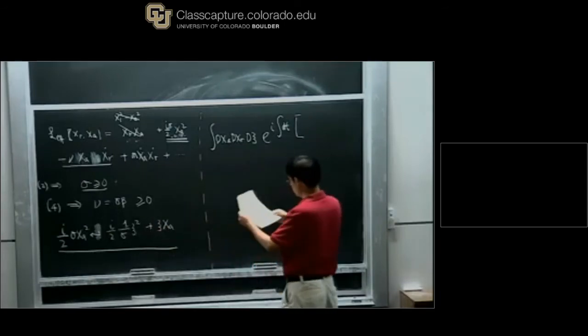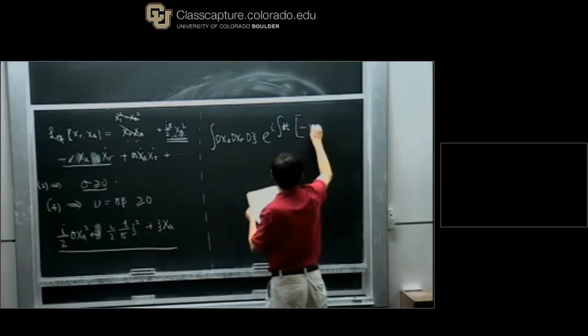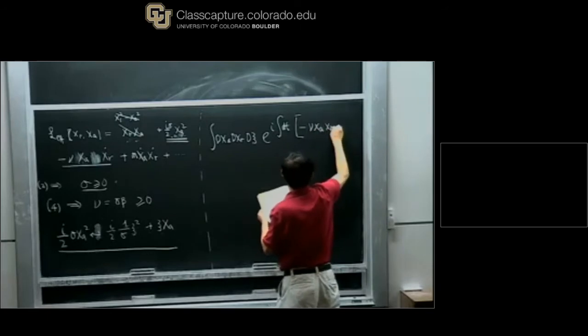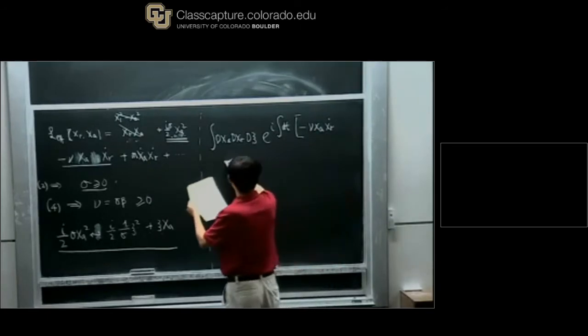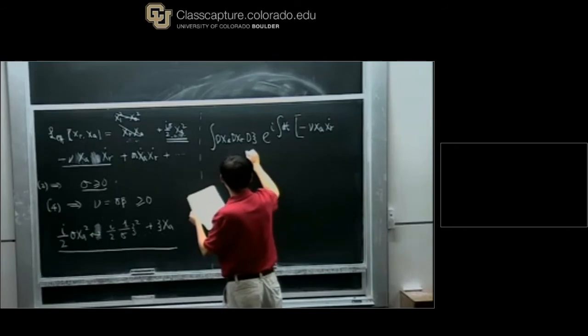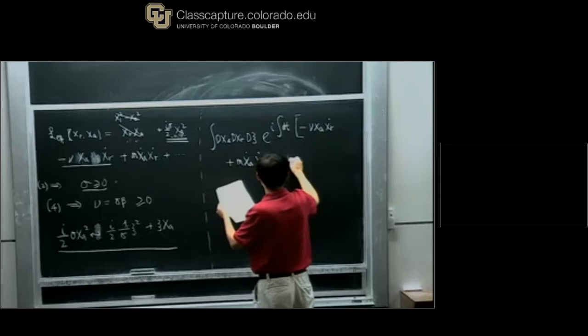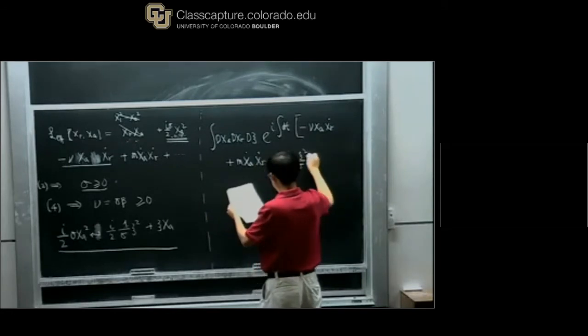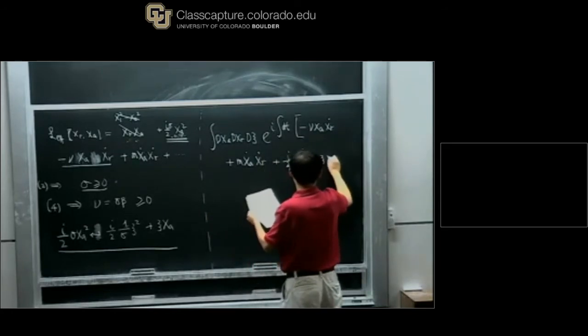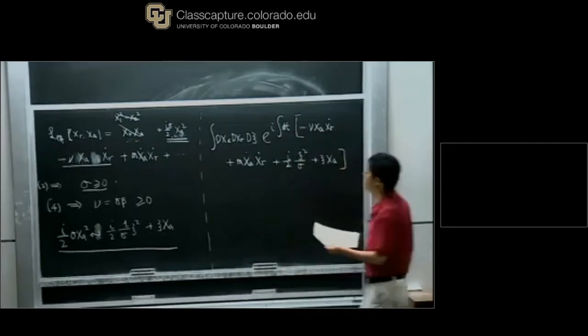So we have nu xa xr dot plus m xa dot xr dot term plus 1/2 i sigma psi squared plus psi xa.